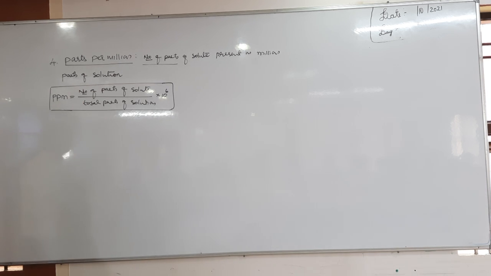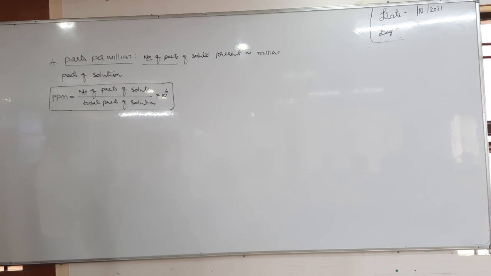That means how many parts of the solute are present in a million parts of the solution. It means this method is used to calculate the very minute concentrations of solute, right? So when the solute is present in very minute concentrations, this method can be used, particularly hardness of water, right?